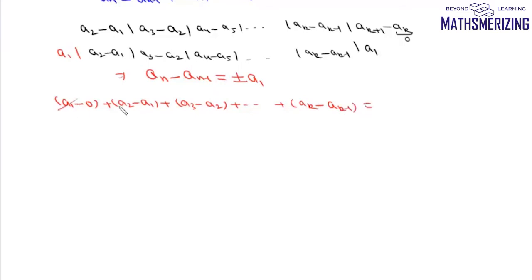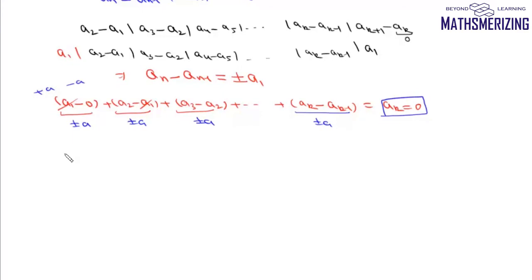In this sum a1 will cancel, a2 will cancel, ak-1 will cancel, so we get ak, and we know that ak is 0. Each of these factors is equal to either plus a or minus a. So some of the factors must be plus a and some must be minus a, so that eventually they cancel out to give 0.